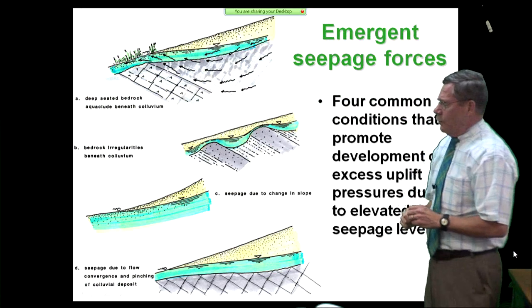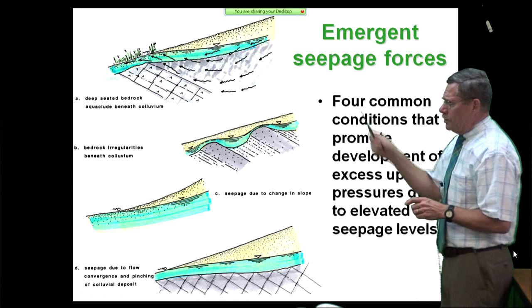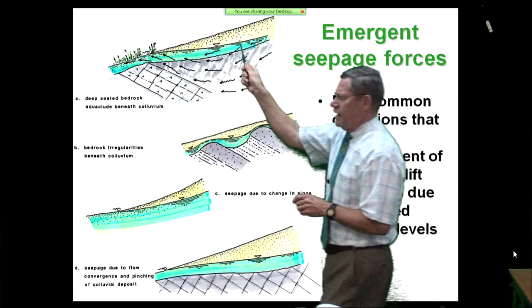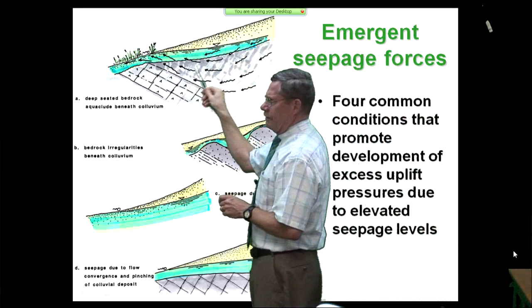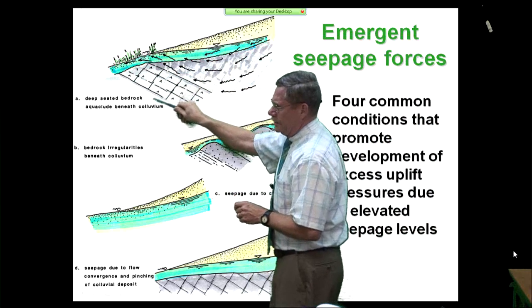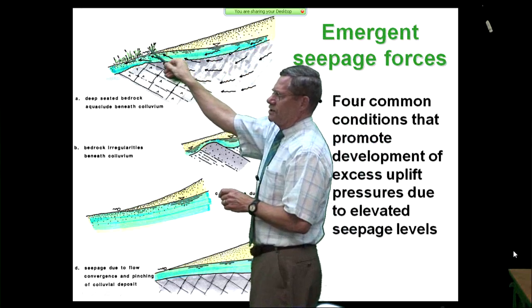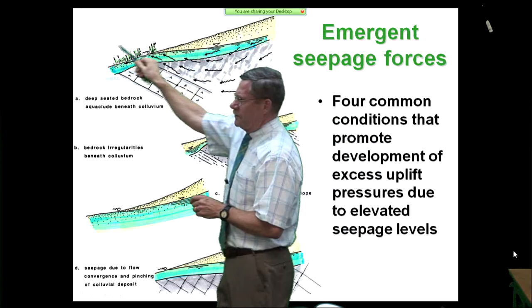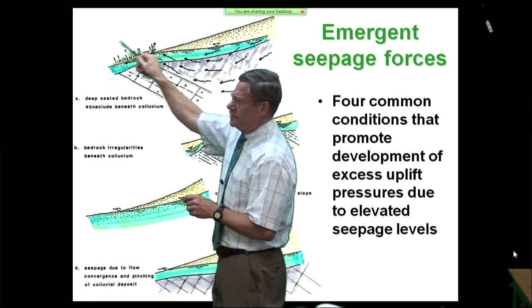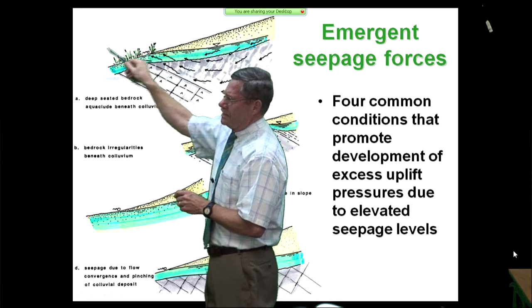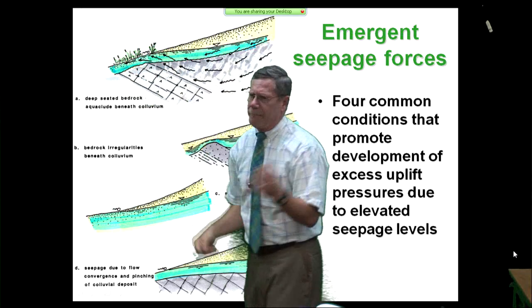So the biggest thing we worry about are emergent seepage forces. We have seepage coming down, hitting something that's more resistant to flow down here. You're going to have emergent seepage forces. And you'll see things like water-loving plants right here. You see cattails and all kinds of stuff that loves water. There's that botany again.